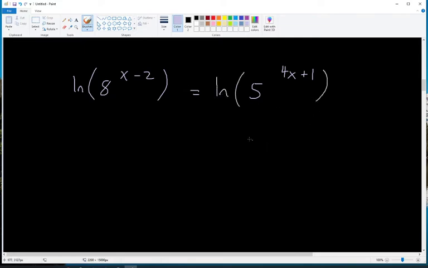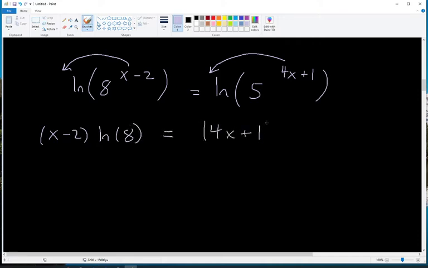If you think back to logarithms, we had that property that said powers can be pulled out in front of the logarithm they were inside. So this gets us (x - 2) times natural log of 8 equals (4x + 1) times natural log of 5. I just pushed the powers out front using the third property of logarithms from, I think, section 4.3.